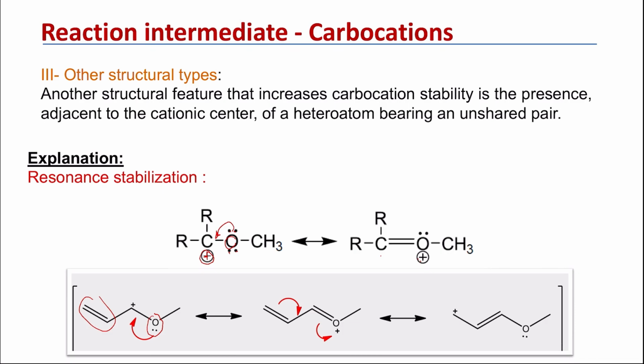Then you're going to have different resonating, or contributing, structures, where either the lone pair of electrons on the oxygen can move to make a double bond, or the oxygen will have the positive charge, or even the electrons on the pi bond adjacent to the center of the carbocation can contribute to the resonance, and that will mean that the positive charge will be distributed on a different atom. So now you have the positive charge distributed between three different atoms, so this one will be even more stable than the first one.